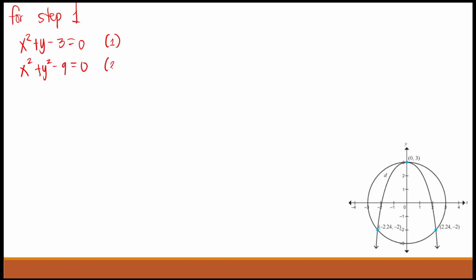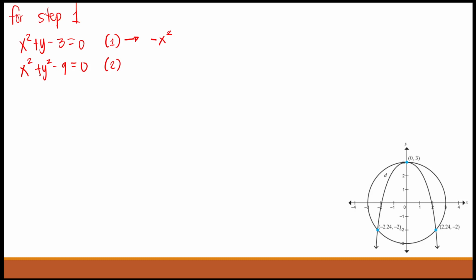That is equation 2. So, imumultiply ko si equation 1 ng negative 1 on both sides. That means, si x squared ay magiging negative x squared. The constant that you are going to multiply on any of the equations is in your own discretion.